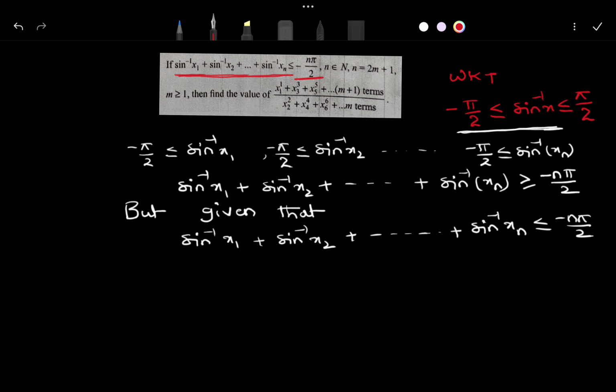So from the fundamental, let this be the first result and this the second result. These two will be satisfied only if each term is equal to minus pi by 2.